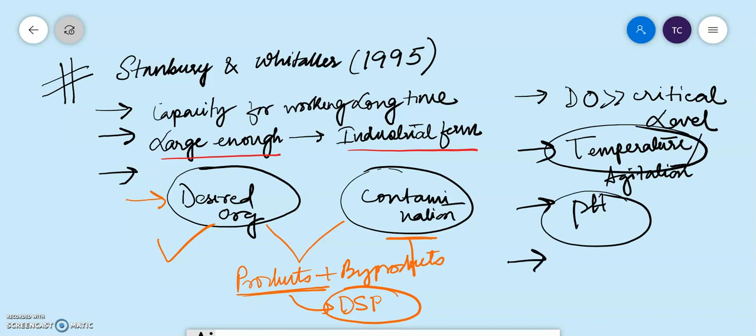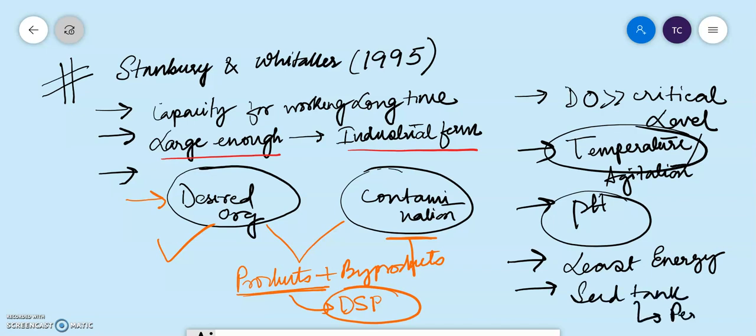Then it should consume the least energy. It should have a provision for introducing the media and inoculum, and the culture volume should remain constant. So there has to be a seed tank, and from the seed tank, the seed has to go into the fermentation vessel. That is a very important point. The evaporation of the medium should be low.